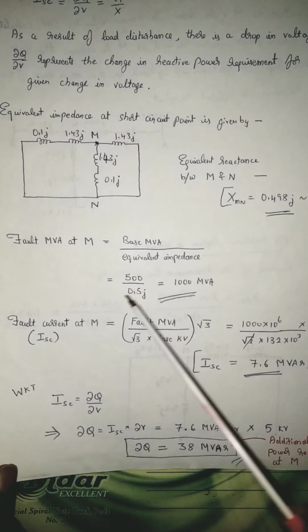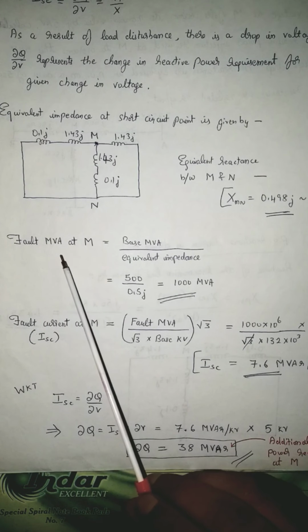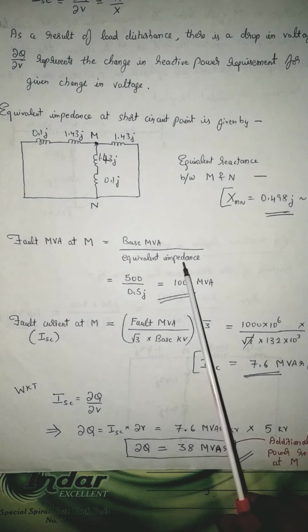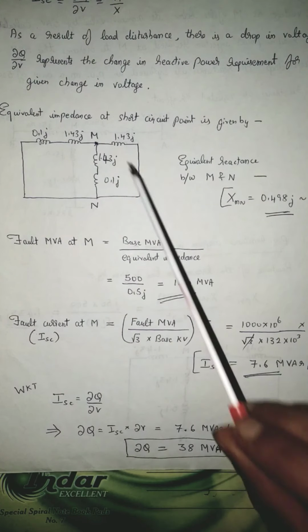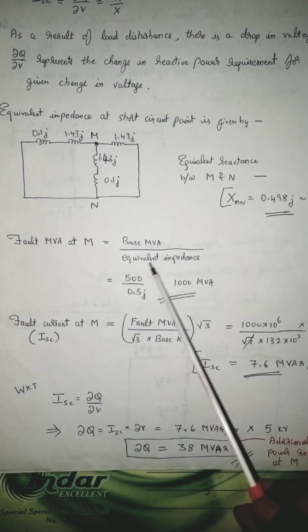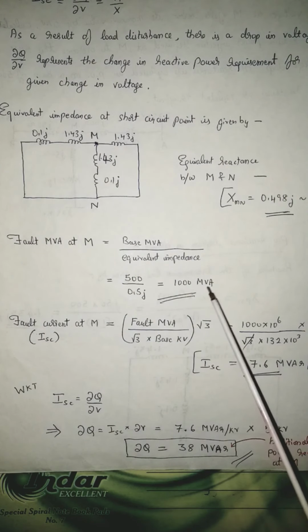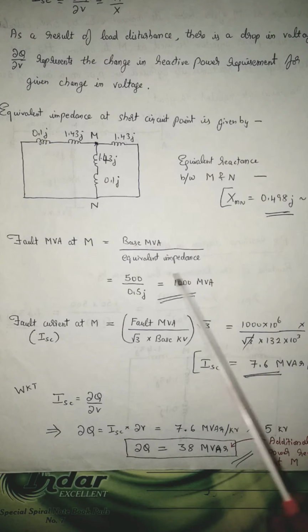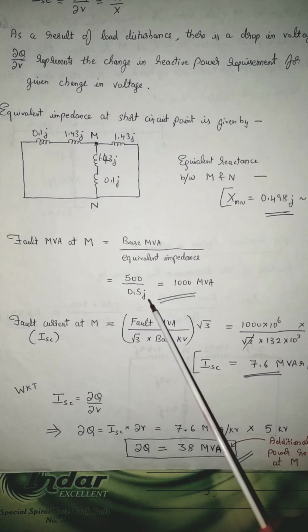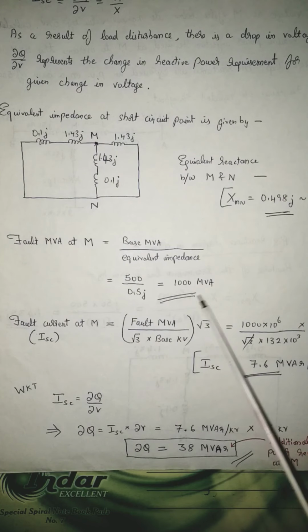Already you know the formula to calculate the fault MVA at M. We are supposed to find the fault MVA at this particular point, which is given by MVA base by equivalent impedance. Equivalent impedance is 0.5j, base MVA is 500. If you divide one by the other and take the magnitude, you'll get 1000 MVA.